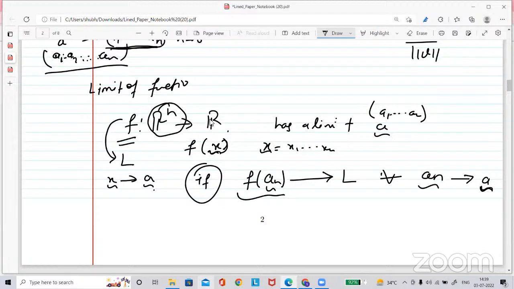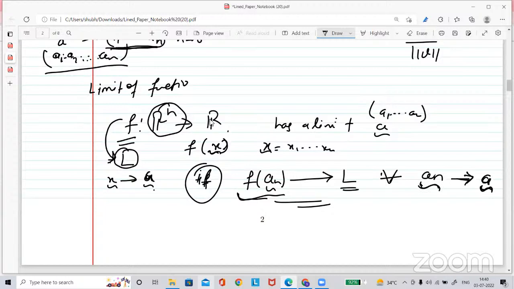So let me repeat slowly. As x̃ approaches the particular point ã, we say this function has limit L if, when you put a sequence in place of the variable x, this sequence f(an) converges to that limit, and this condition is true for all sequences which approach a.